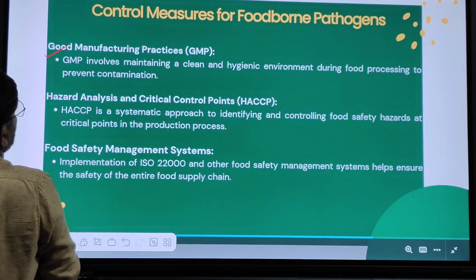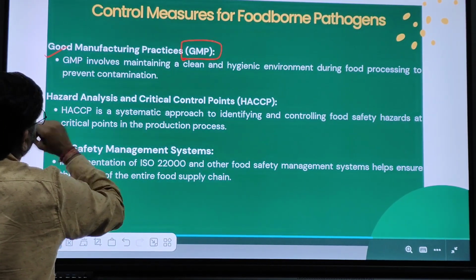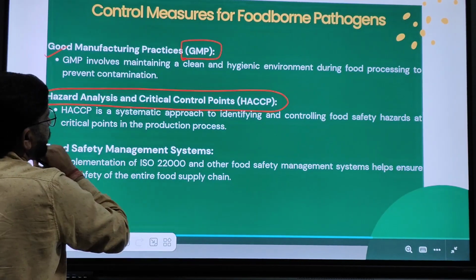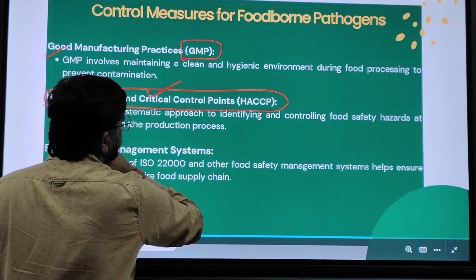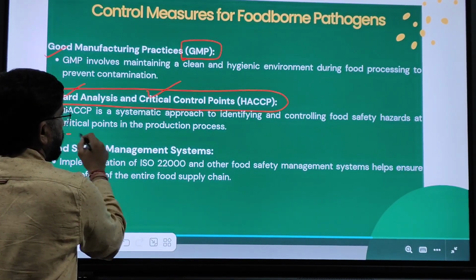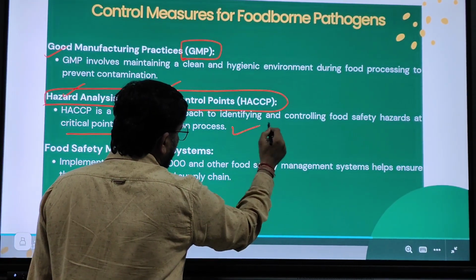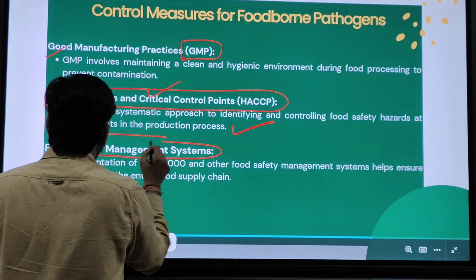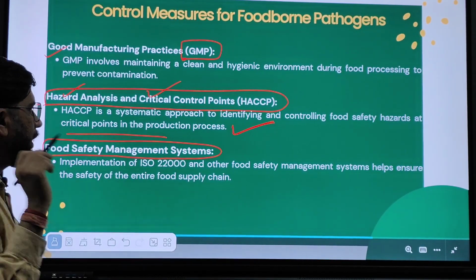Here you can see GMP, good manufacturing practice, plays a very important role, and HACCP, which analyzes the hazardous and critical components present in the food and identifies what is to be done on an emergency basis. A food safety management system should be implemented where food processing units are present.